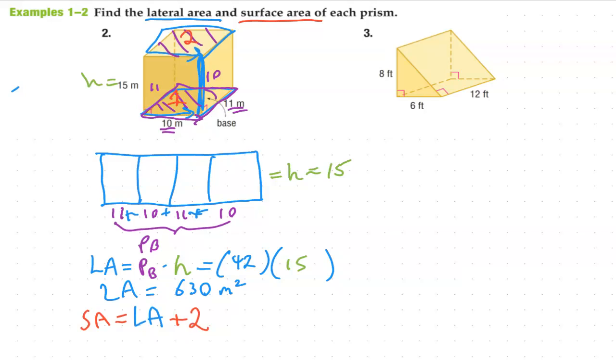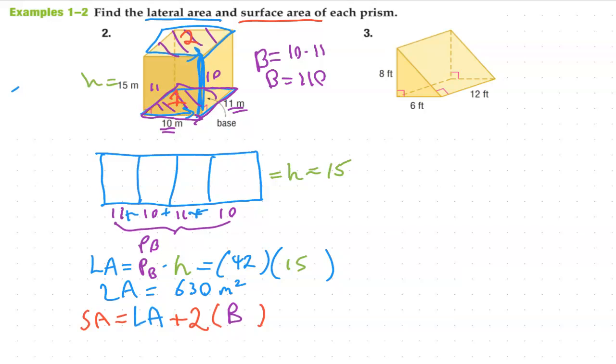So those are two of them. And so I just need to find out what that base area is. Now for base area, I use big B. The base area is just going to be length times width. So that would be 10 times 11. So the base area is going to be equal to 110.